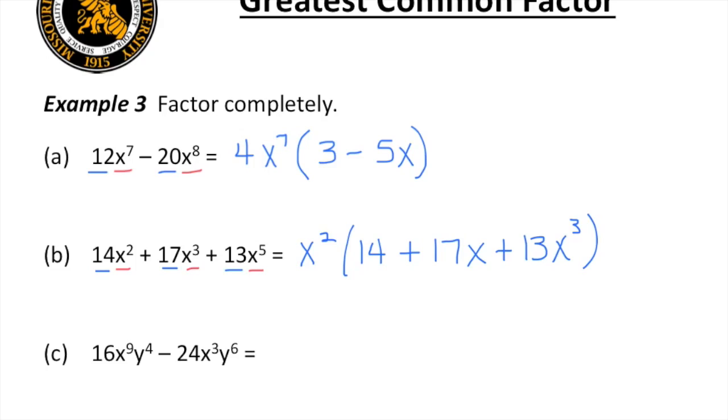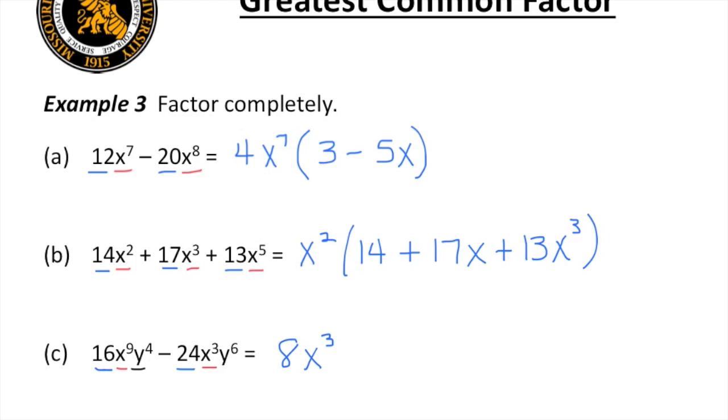Now consider example 3c. Looking at the numerical coefficients of each term, the largest numerical value that divides both 16 and 24 is the number 8. Looking at our x factors, the largest factor involving x is x cubed.